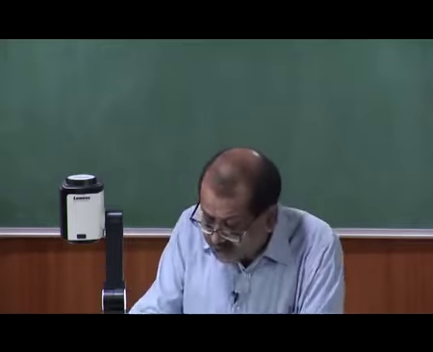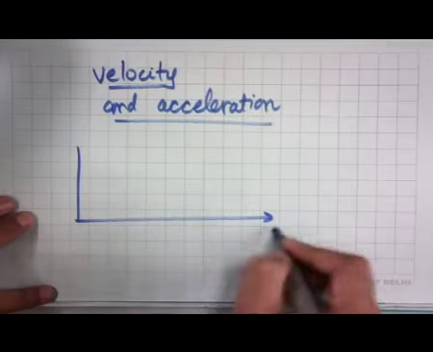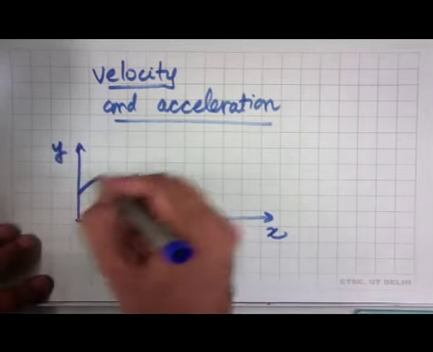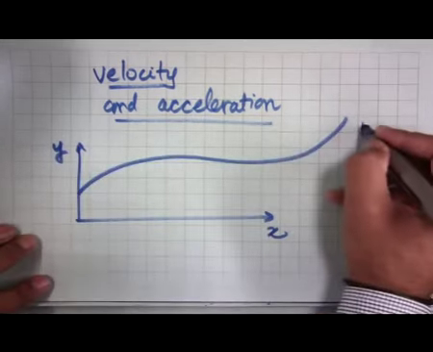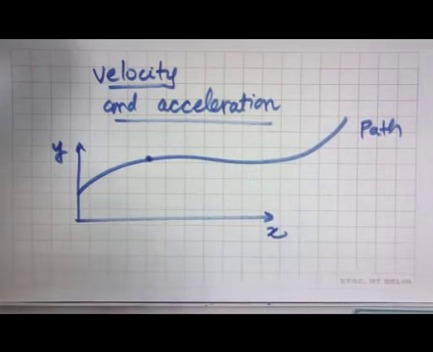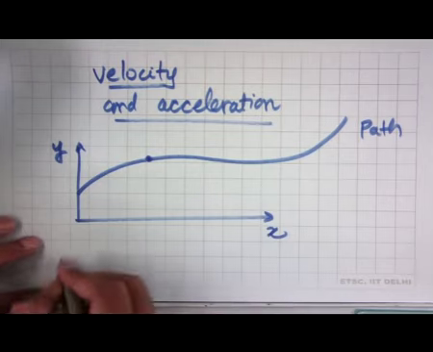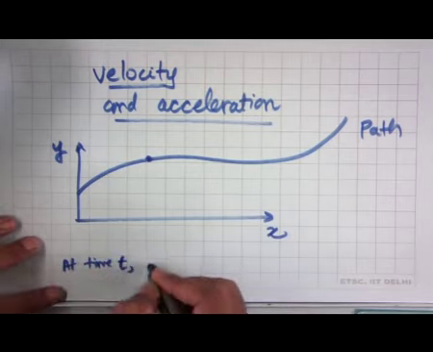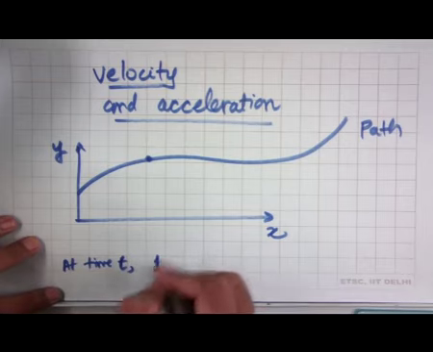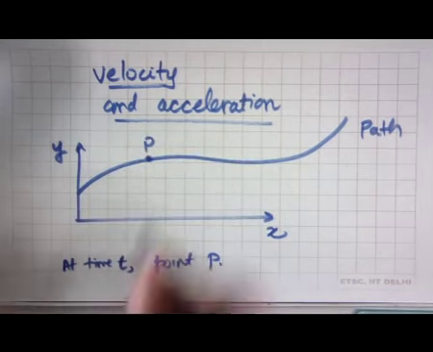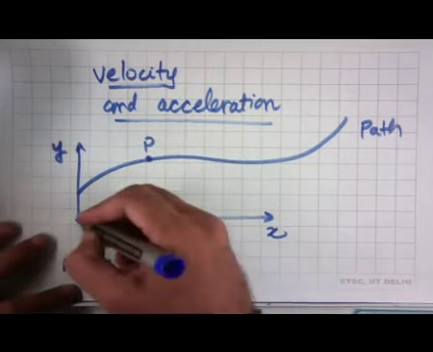So, now let us see, we are again taking planar motion in this case. Suppose this is a path on which point P is moving. So, at time t, the point or the particle is at P, and this is the origin.